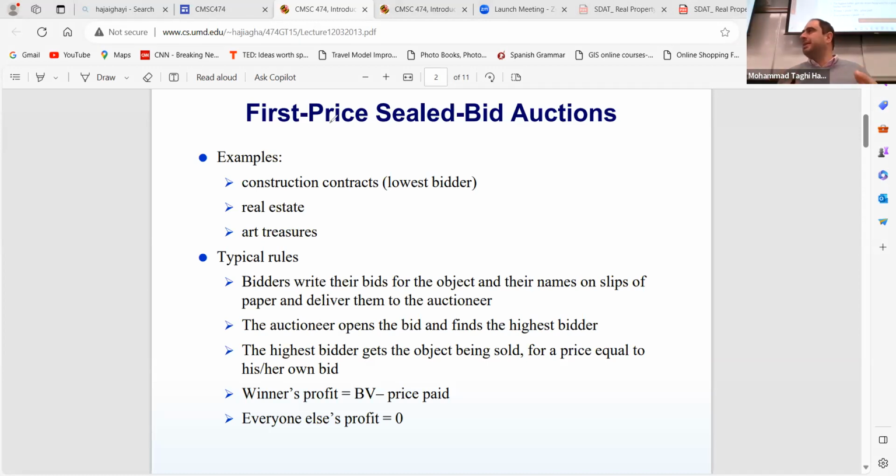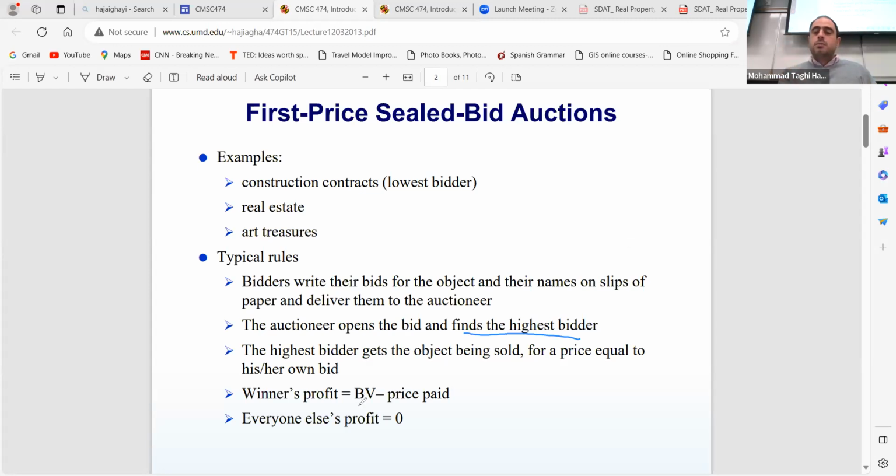This is the sealed bid part. The auctioneer opens the bids and finds the highest bidder. And the highest bidder gets the object being sold for a price equal to his or her own bid.